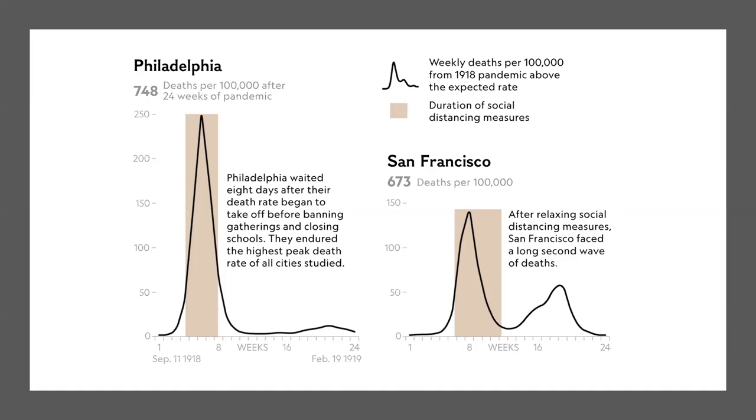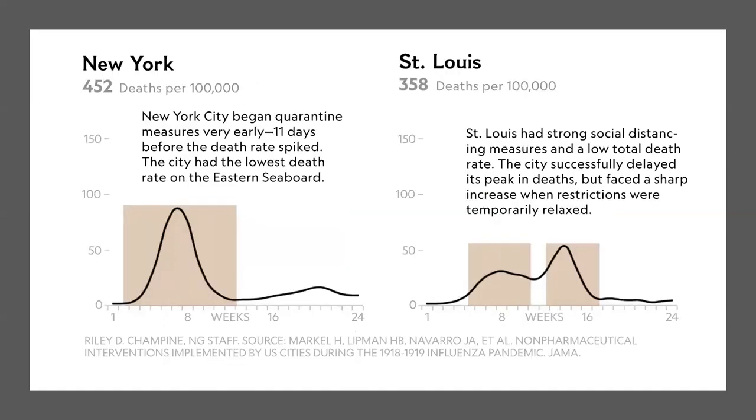San Francisco relaxed its social distancing measures a bit too early, and so they faced a long second wave that increased their death totals. New York and St. Louis had strong social distancing measures, and they averaged much lower mortality rates. St. Louis attempted to relax their restrictions, and then they suffered because of it.